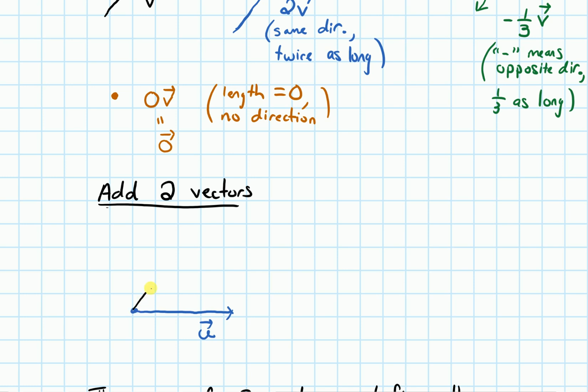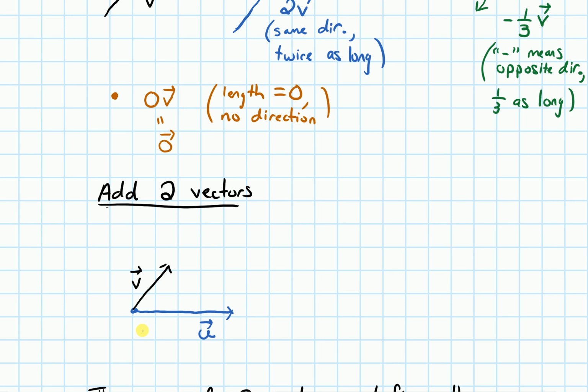Let's make them both originate from the same point here. So their tails are both lying in the same point, but of course they don't have to, because we've seen that with a vector, it doesn't matter how we move it around, as long as I keep the length the same and pointing in the same direction, it's the same vector.